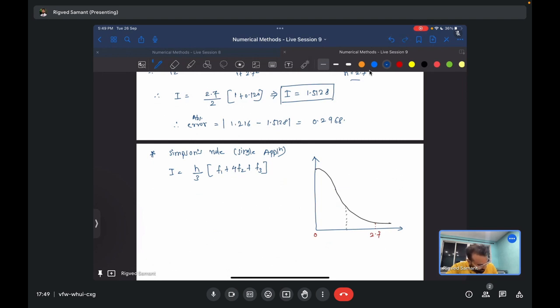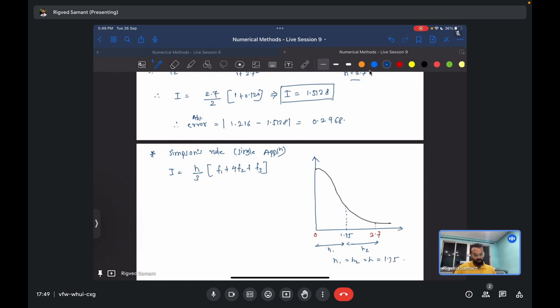So what is the midpoint of this? 1.35. So this will be your interval h1, and this will be your interval h2, and h1 is equal to h2 is equal to h, which is 1.35.